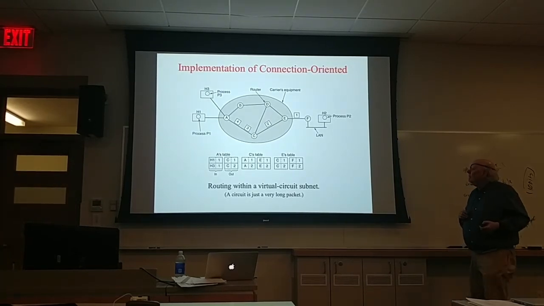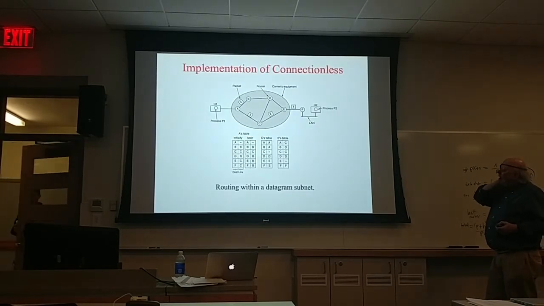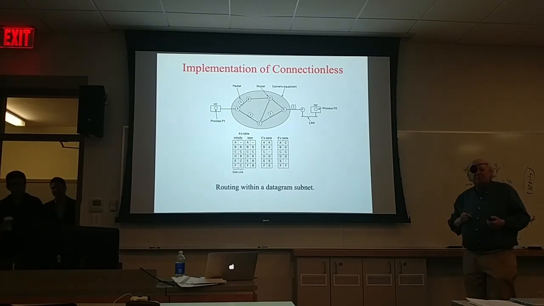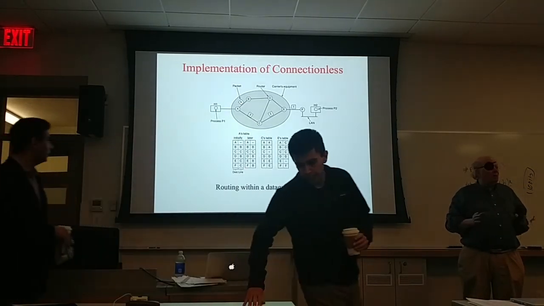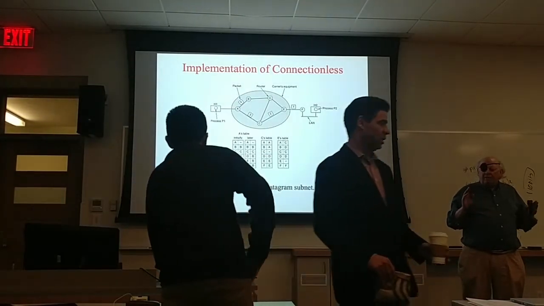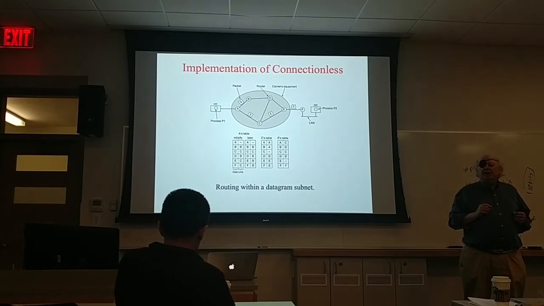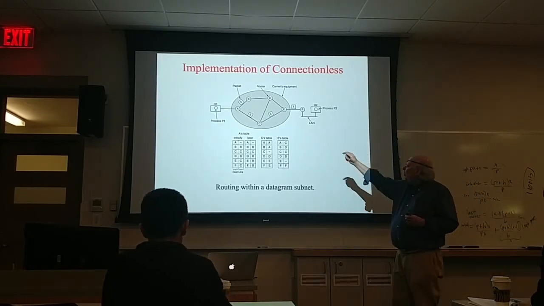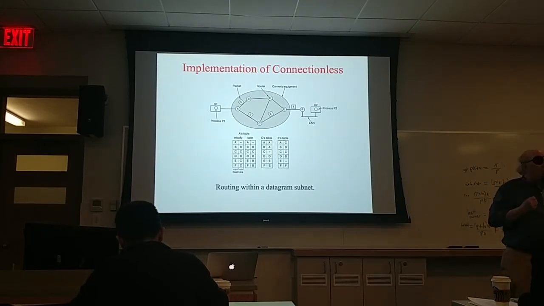So that's one way. Then we can have datagrams, where the packet has a fully qualified address and every router knows what to do with the address. We can just start sending them, and if one of the routers or lines goes down, the router looks at it and says, okay, what's my alternate route for this?